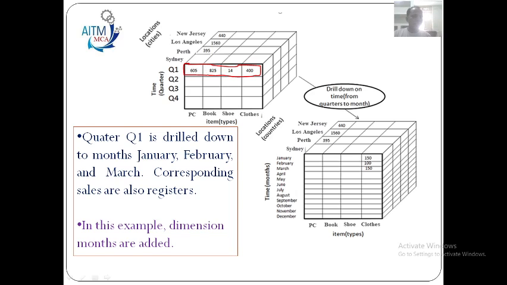Similarly for 825, 14 as well as 400. Here I am going to increase the dimensions. Instead of quarters, I will increase the dimensions into January, February, March, April up to December. See here now, if you see the first dimension, the first quarter, this is the first quarter.